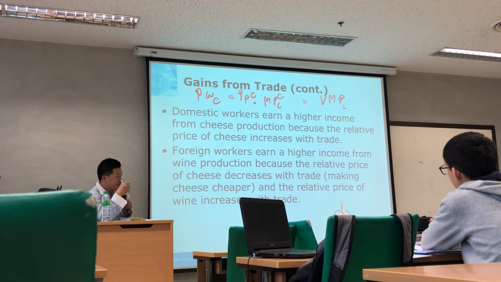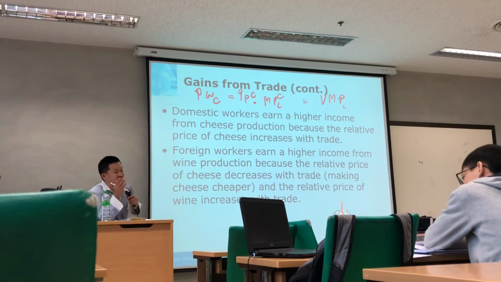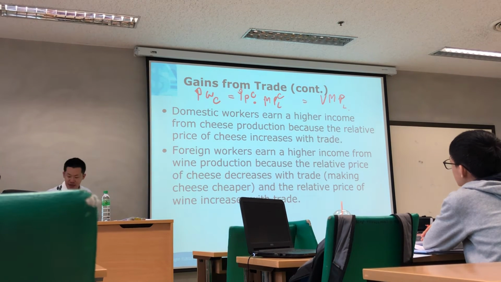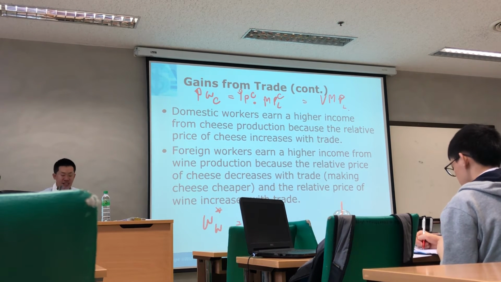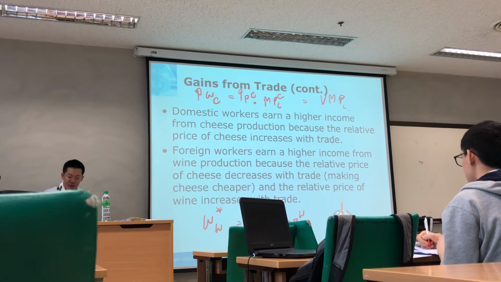How about foreign? Now, after opening to trade, foreign produces only wine, right? So the wage in the wine industry in foreign equals what? Price of wine times MPL of wine. After opening to trade, the price of wine increases in foreign, right?